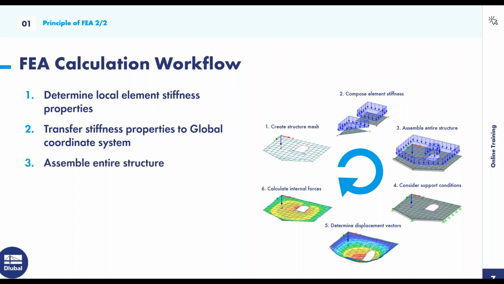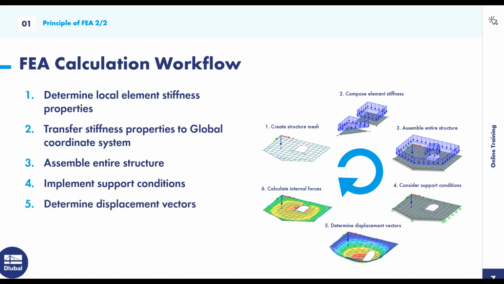Then the assembly of the entire structure takes place. The boundary conditions or supports are then defined, and these could consist of sliding, rigid, or hinged. Then the displacement vectors can be calculated by solving the system of equations. And lastly, the support forces and internal forces can be determined.